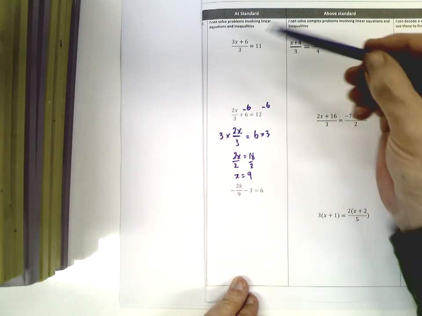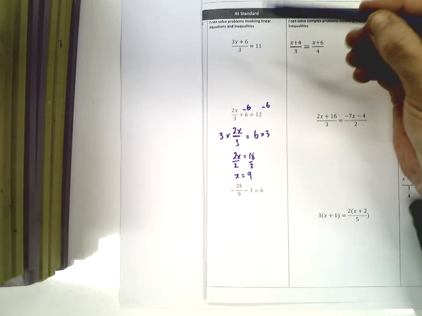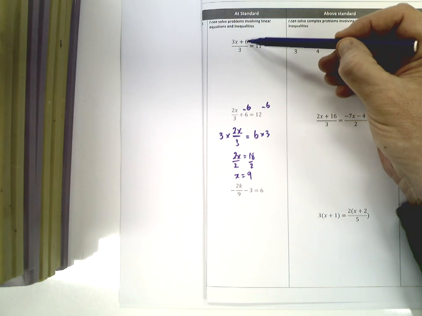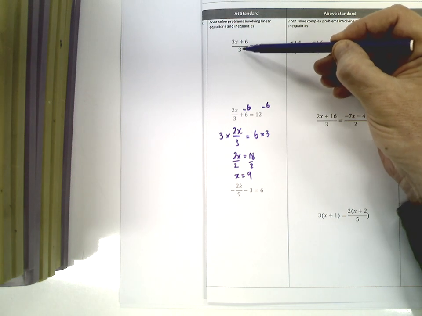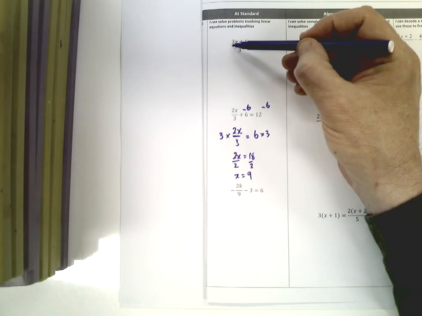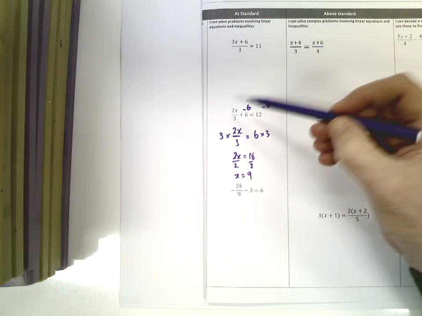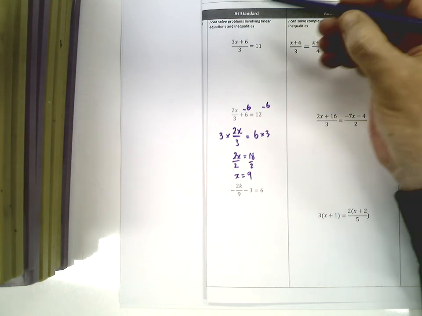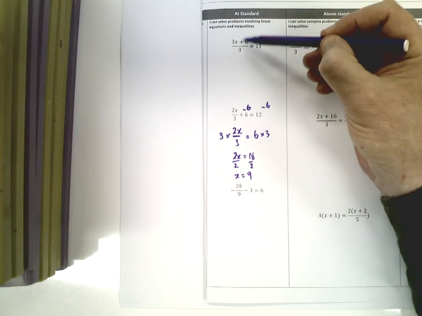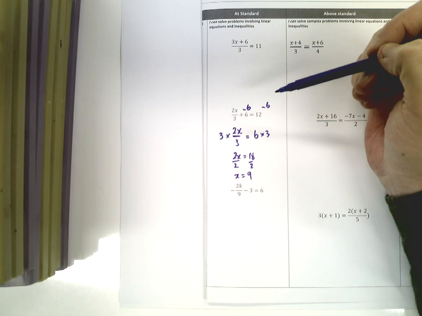But first, I want to talk about this question, because in this question, we do not take the 6 straight away, and it's because of where this 3 is. Can we see how this covers all of it? Whereas this 3 only covered the 2x, the plus 6 was all by itself. In this case, though, our 3x and our plus 6 are both being divided by 3.